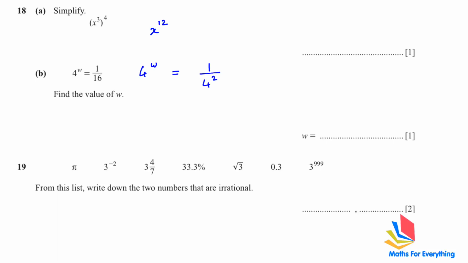You should also know that when you bring the power from the denominator to the numerator or vice versa, the signs change. It's positive, so it's going to be negative. Then, if the base is same, it gets cancelled and we are left with w is equal to -2.